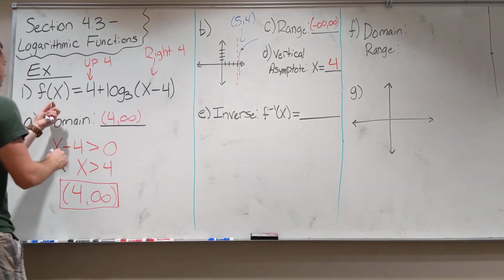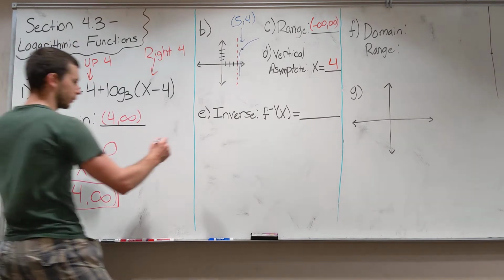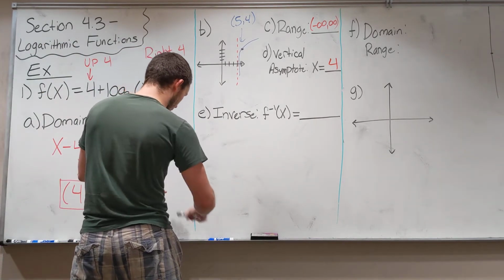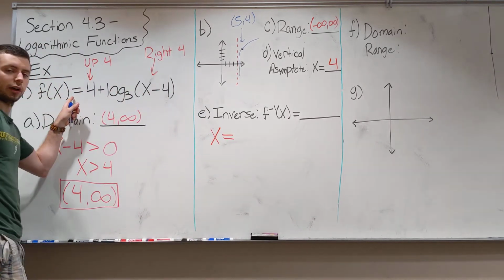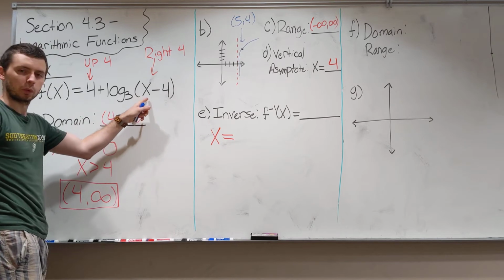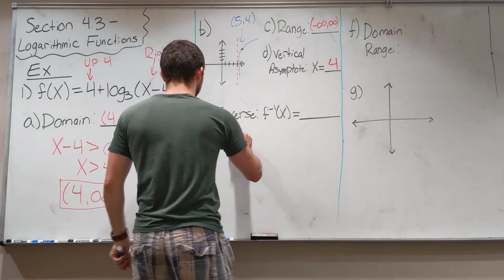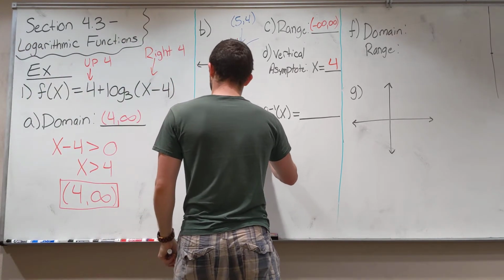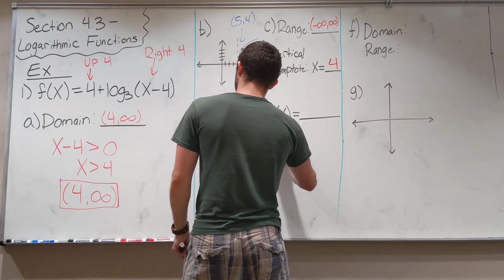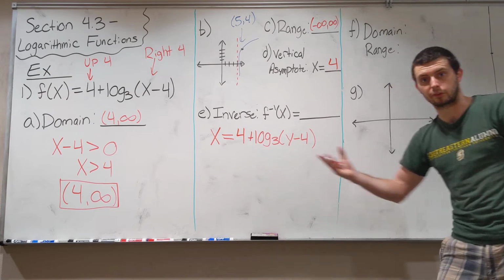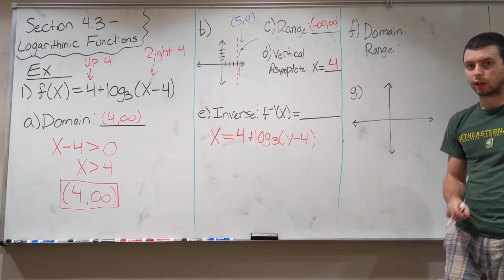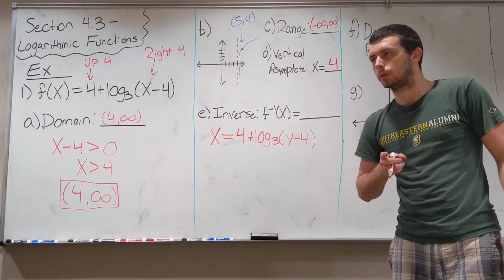So once we switch y for x, I'll go ahead and write this in red. And then we jot down everything else, but we're going to replace x with y. So now this is exactly what we have. And we have to get y by itself.